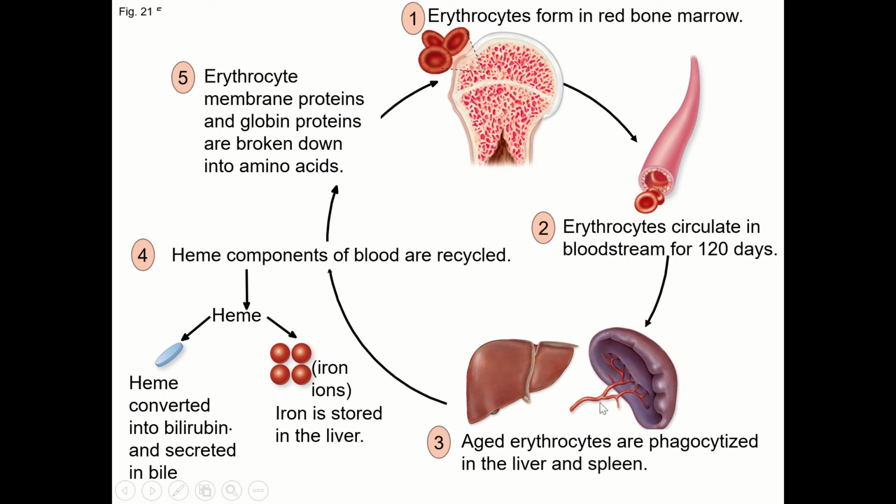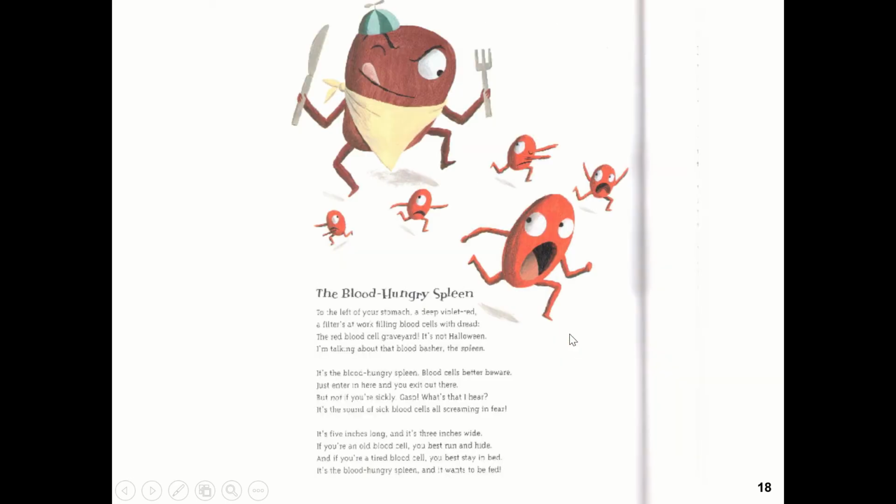All the other parts of the cell, all the proteins, amino acids, lipids, are going to go back into the bloodstream, and a lot of those are going to go back to the bone marrow to make new red blood cells, and the cycle starts over.